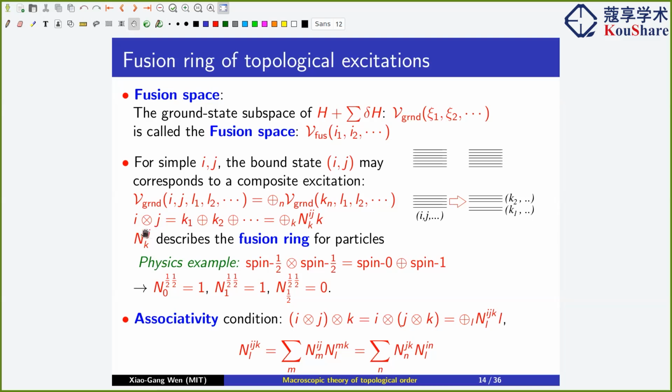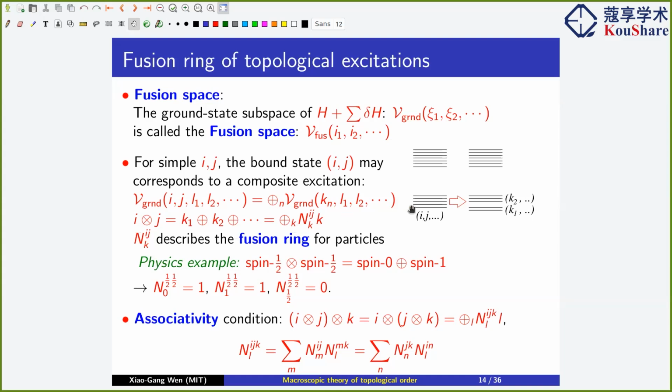Okay, but there's an issue. When two traps are viewed as one trap, this single trap is a very special trap. It has two centers. Usually a single trap has one center, but this single trap has two centers. So it's a special trap. Therefore, this special trap may have accidental degeneracy as one trap. So that's why this composite excitation becomes very important.